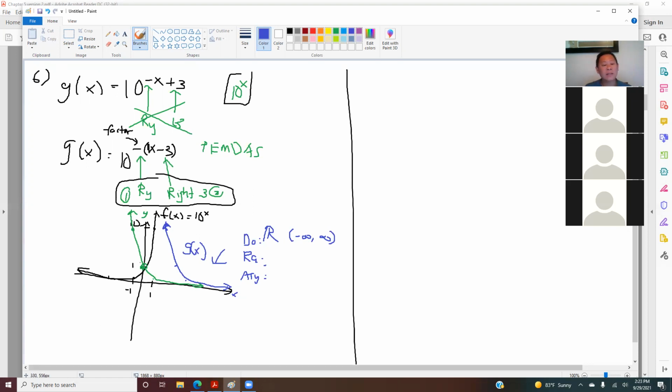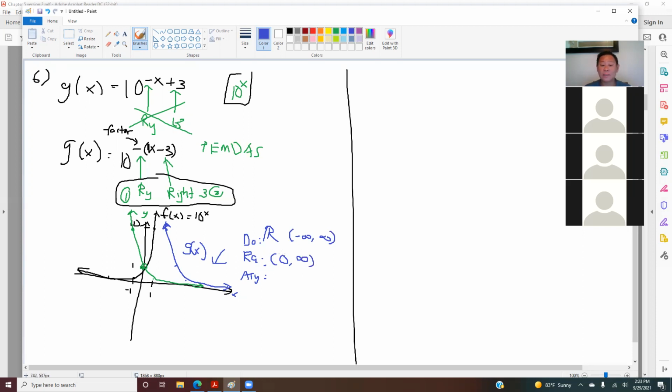So can someone tell me what is the range of this blue line here? The y value. How far down can it go? This graph is getting closer and closer to what number of the y value? 0. 0 to what? How high does it go? To infinity.